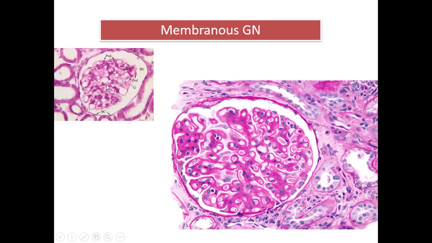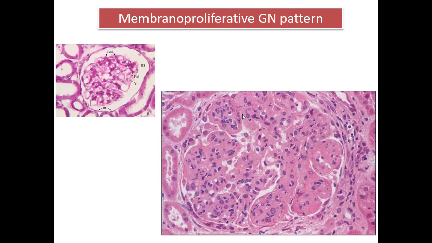The number of cells is the same, but only the membrane is thickened and disordered. This is why membranous glomerulonephritis mainly presents with proteinuria, and massive proteinuria. You will find that renal impairment and deterioration of GFR is late in membranous. The main presentation will be the proteinuria and nephrotic syndrome.